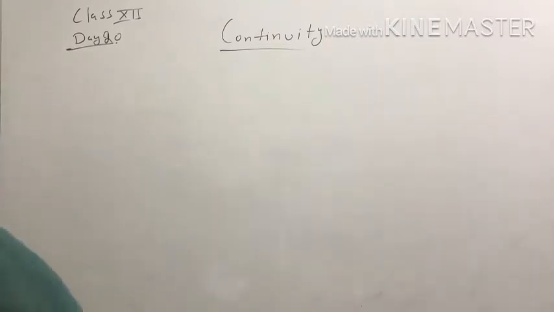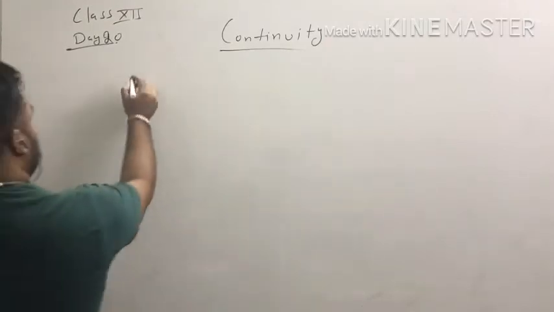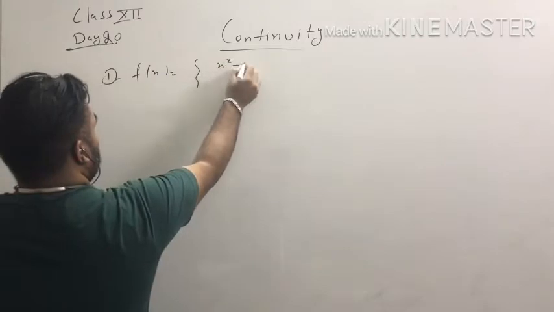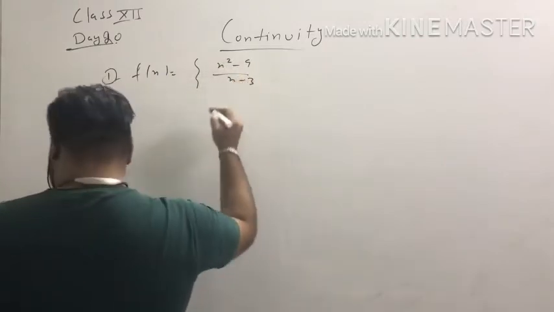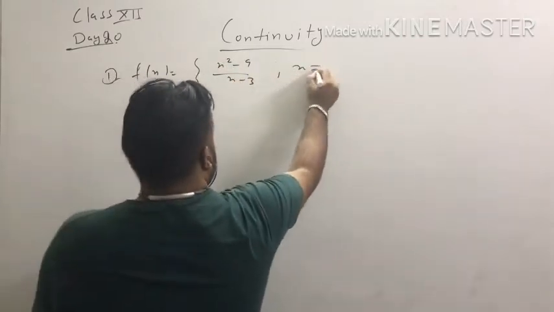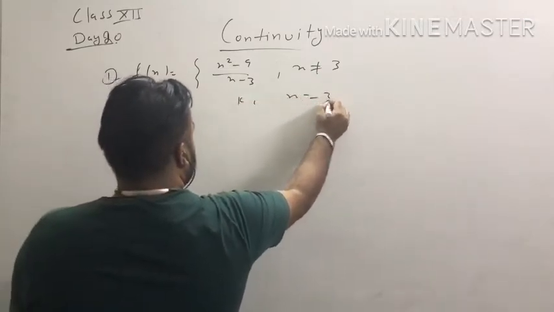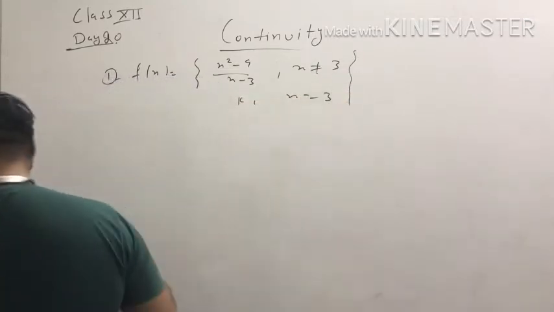So the first question related to finding the constant value is: f(x) equals x square minus 9 upon x minus 3, x not equal to 3, and k, x equals to 3.